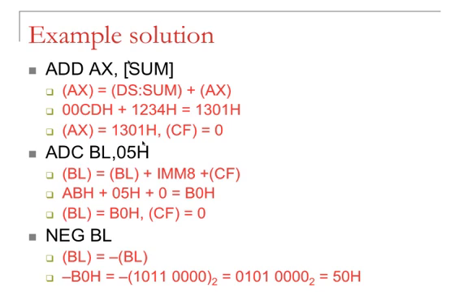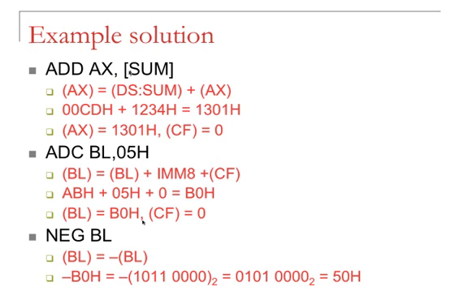Because the previous instruction, this ADD instruction, generated no carry bit, CF is 0. So this ADC instruction will have a 0 for the carry flag, so the sum will be just AB, which is the value of BL, plus 05, plus this 0. So the final result for the sum is B0 in hexadecimal.